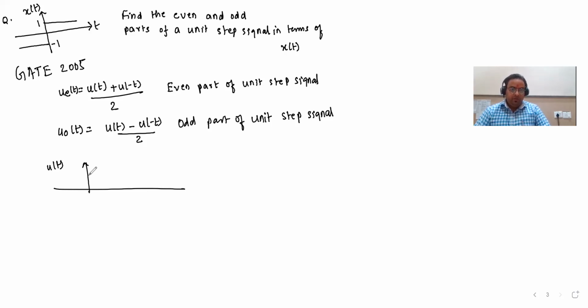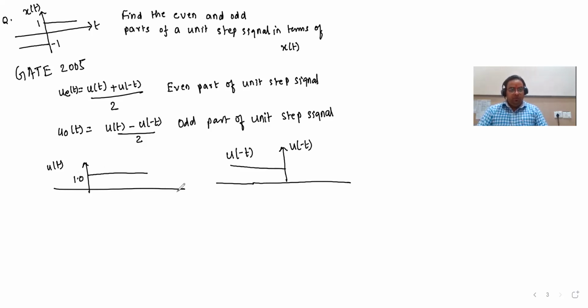We have this kind of u of t signal. If I calculate the time reversed unit step signal, it will be drawn in this manner. This is basically u of minus t, and here the value is 1.0. This is varying with time, and here it is 1.0 constant value.